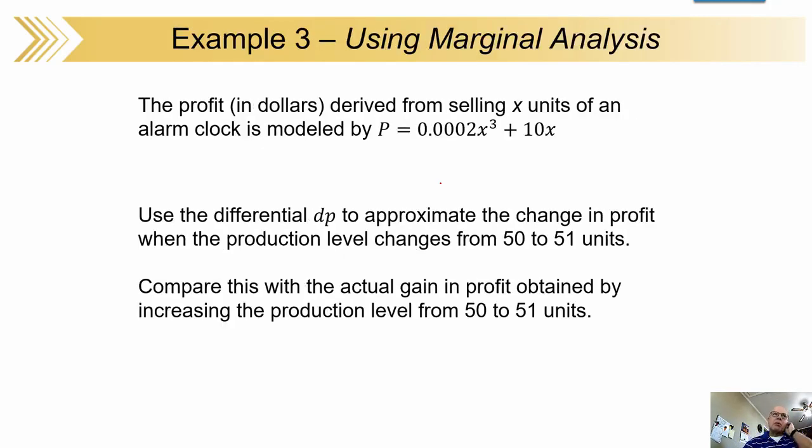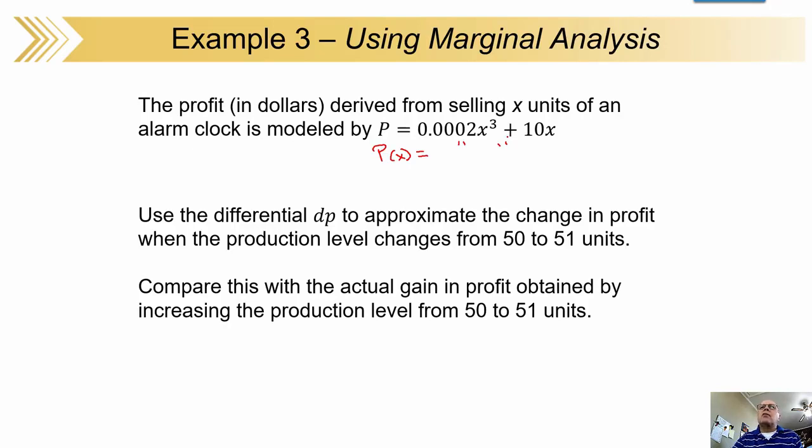So here's an example. We've got profit. We all like profit, right? And there's our function. And if we were mathematicians, we'd be a little bit obsessed with writing it as a function of x. We've got our function now, 0.0002x cubed plus 10x.